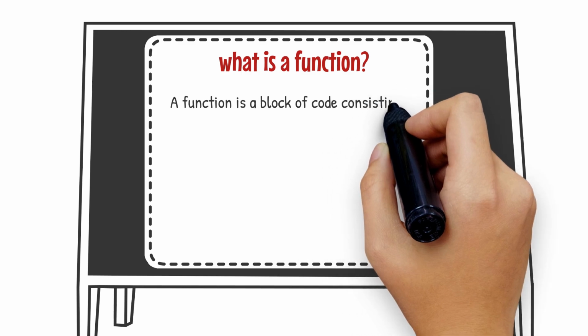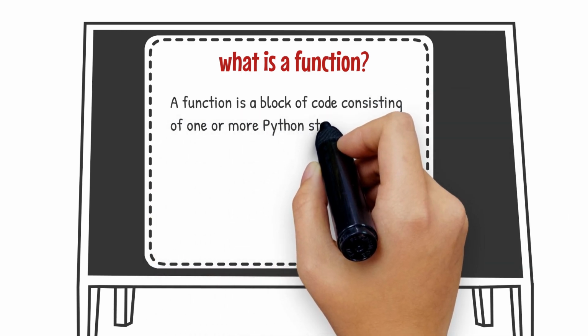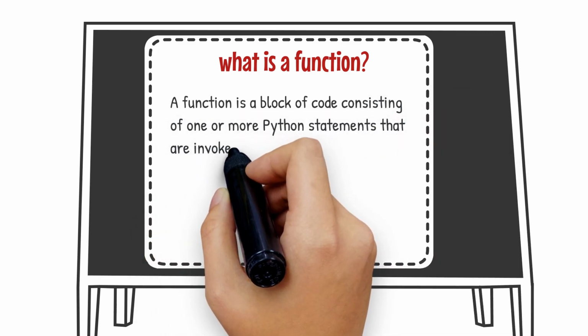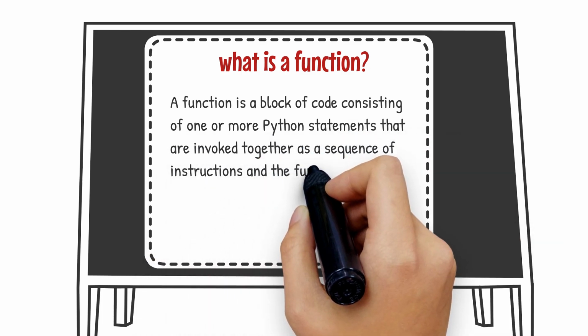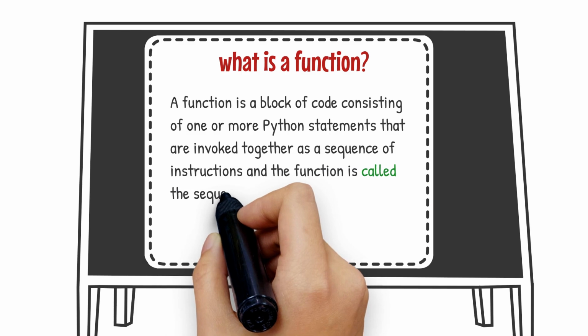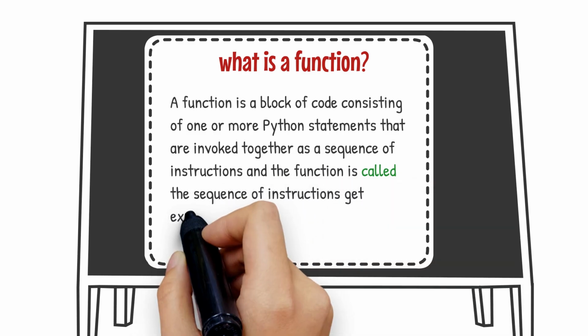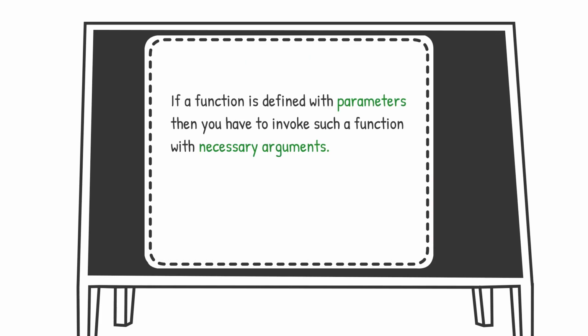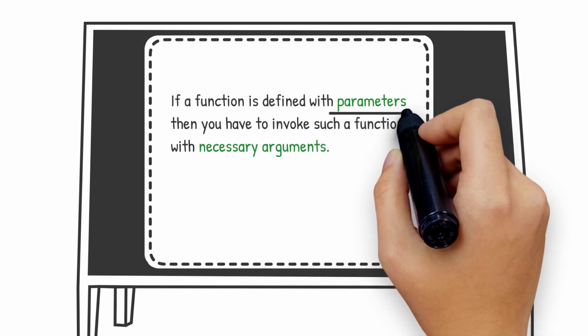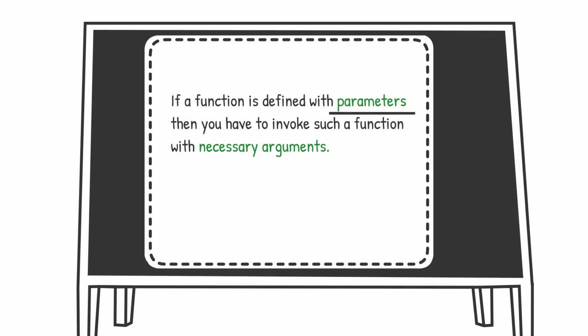Well, a function is a block of code consisting of one or more Python statements which are invoked together as a sequence of instructions. And when the function is called, the sequence of instructions gets executed. If a function is defined with parameters, then you have to invoke such a function with the necessary arguments.